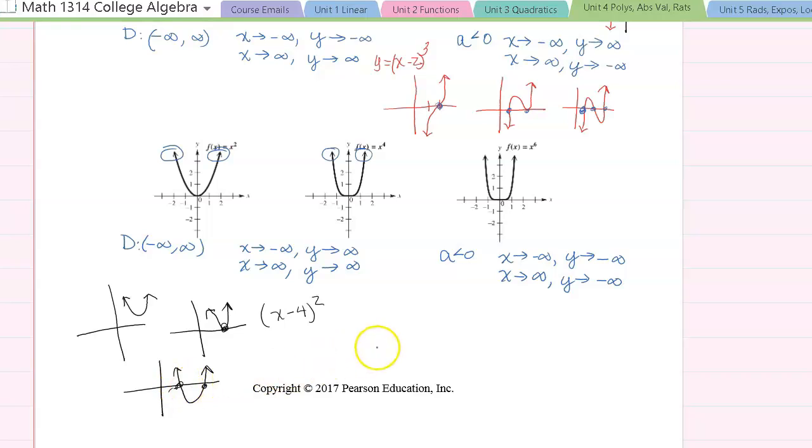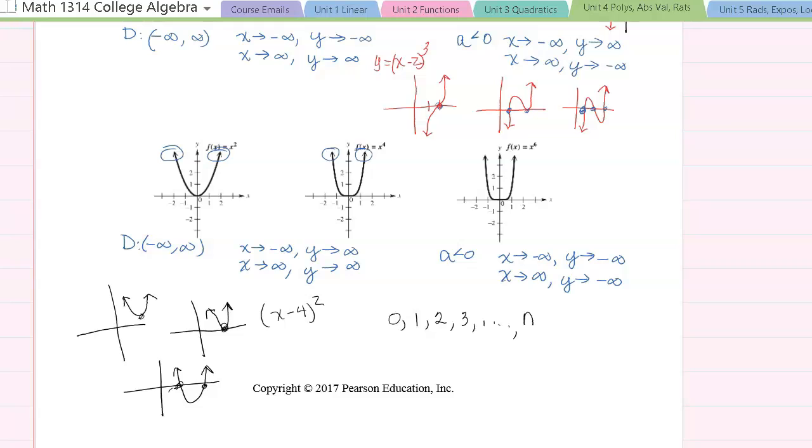We can do the same for the x to the 4th function and find 0, 1, 2, 3, or 4 zeros. Our conclusion is that even-powered polynomials with the power of n can have 0, 1, 2, 3, all the way up to n number of zeros. And this again is backed by the fundamental theorem of algebra.